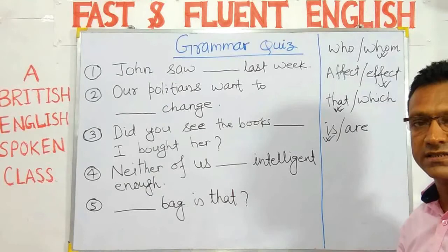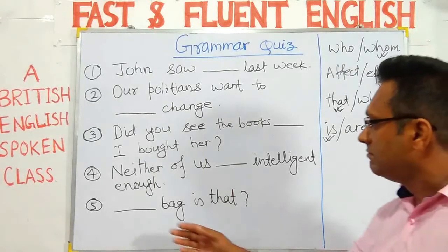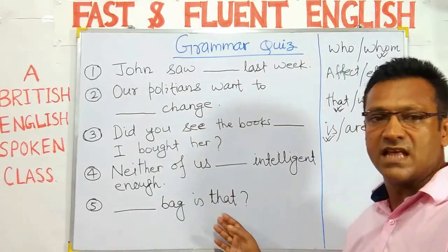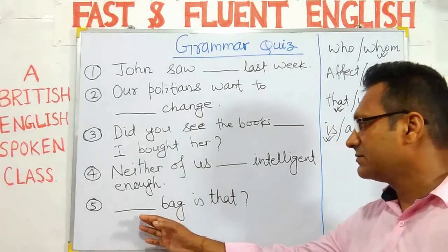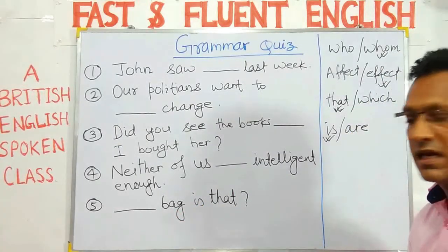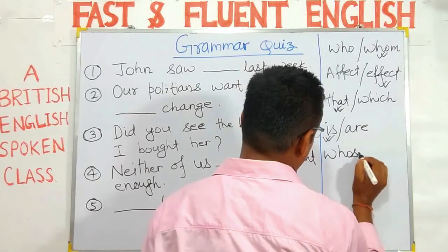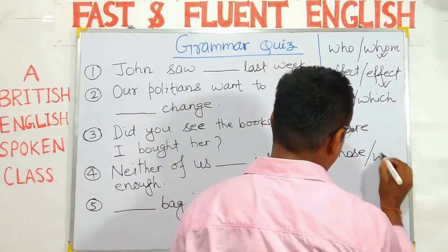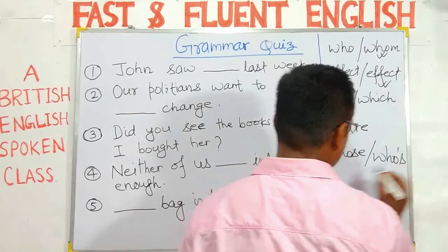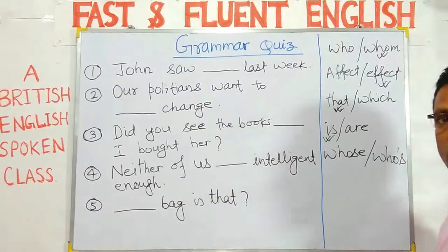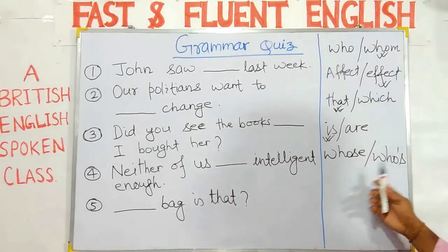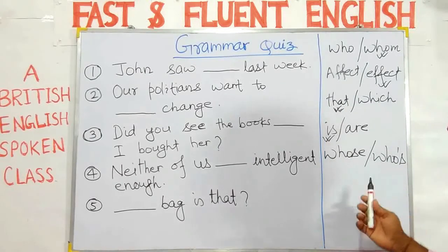Now the fifth one is, dash bag is that. And the options are whose or who's. क्या होगा?